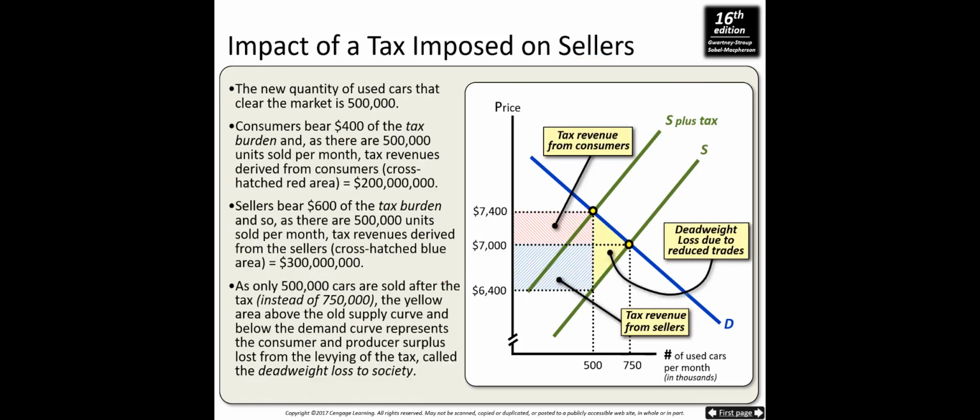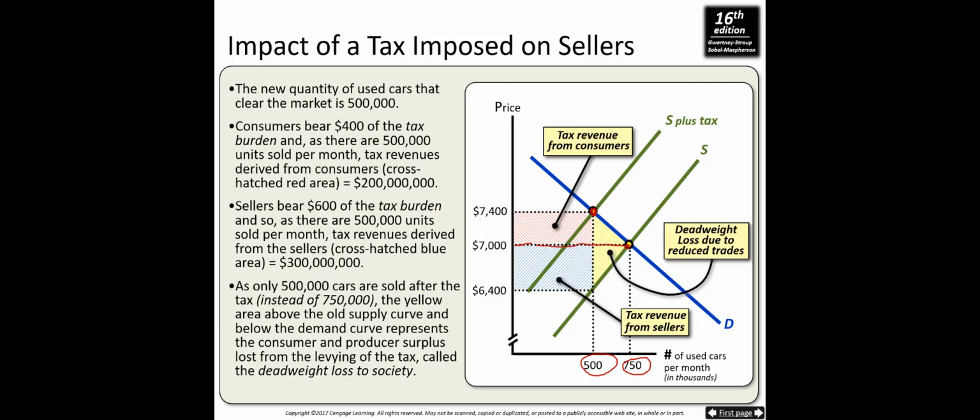With the new quantity of used cars, which is 500K, you are here, because now here is the new equilibrium. And without the tax, it's 750K. So consumers bear $400, right? This is the consumers. You can find the tax incidence like that. Find the equilibrium point, okay?